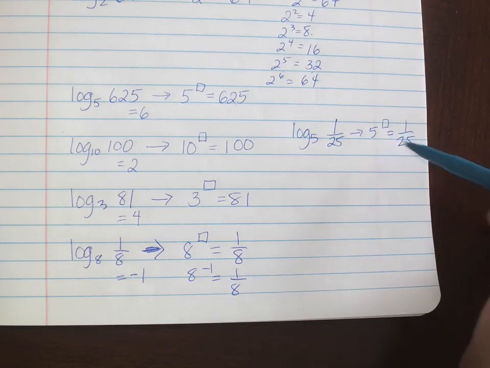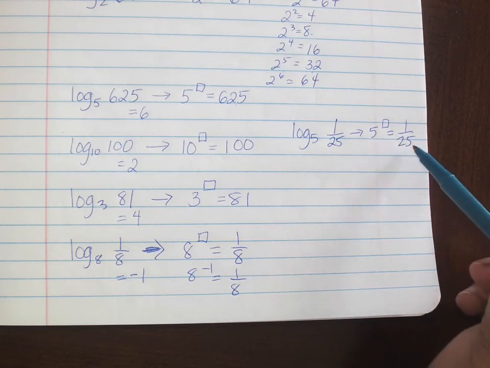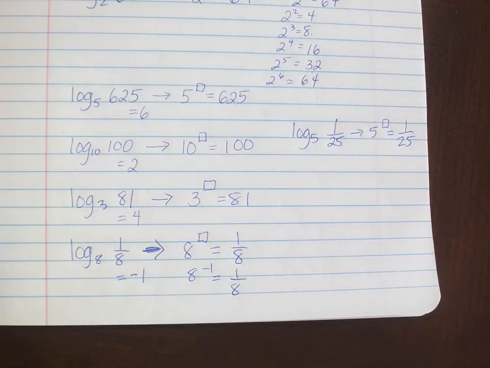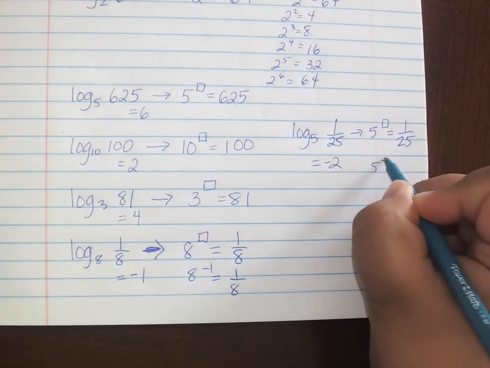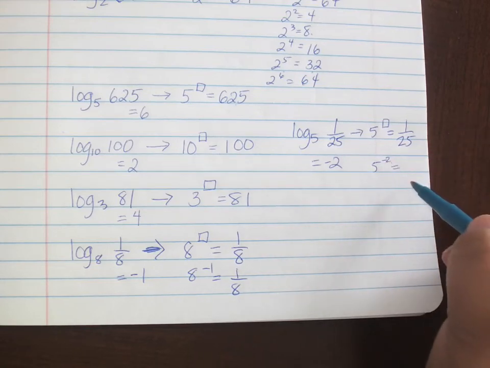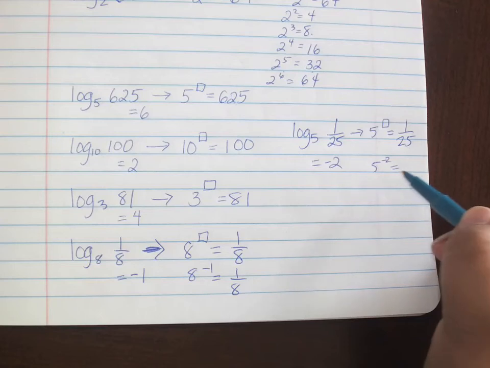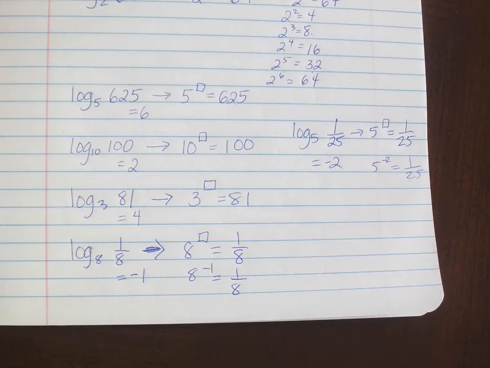So I know going to the denominator makes it negative, and I know 5 squared is 25, so that means it would be a negative and a 2. So it's -2, because 5 to the -2nd power means it's going to become the denominator, and then 5 to the 2nd power is 25. So that's how we get 1 over 25. So that's basically how we would do them.